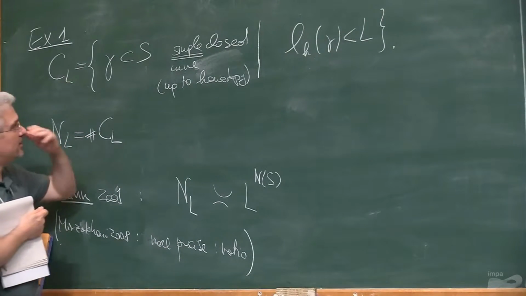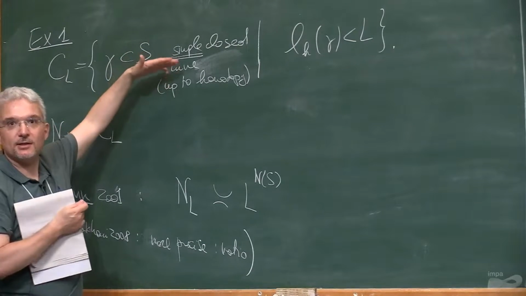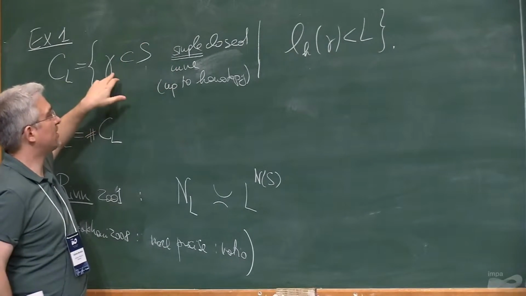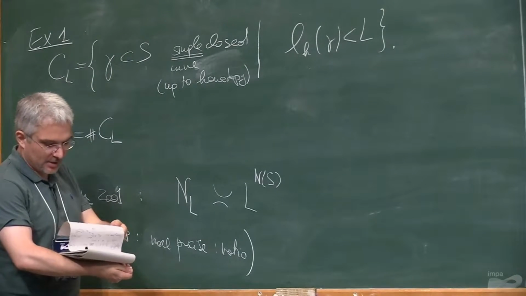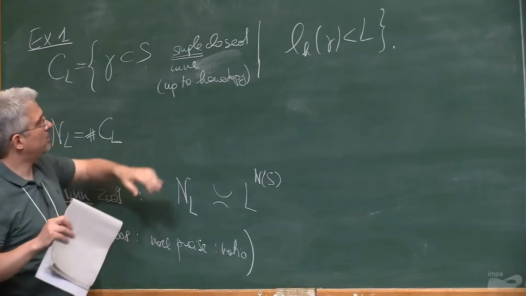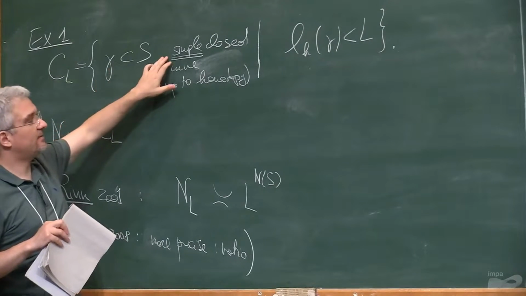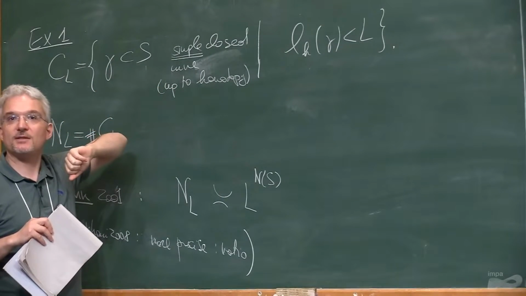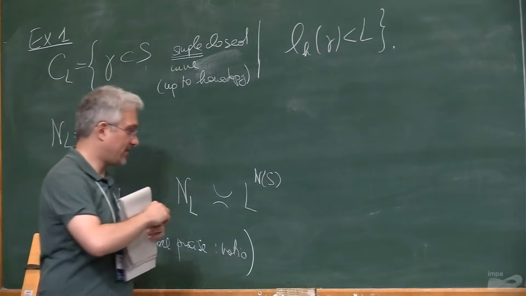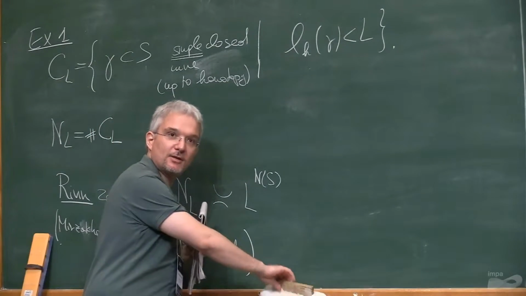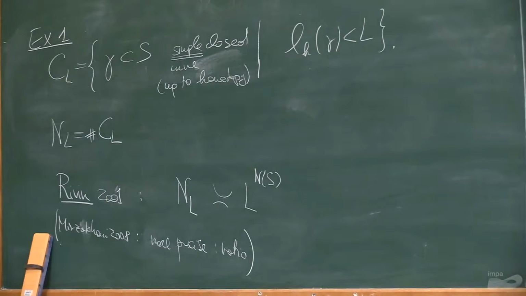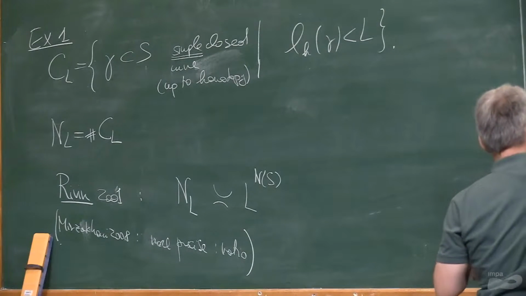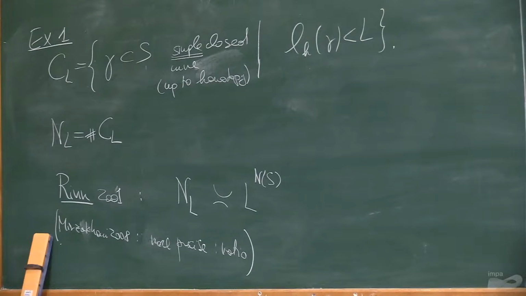Now one can try to play with all these kinds of counting problems. So you can look at different curves. Say, for example, next example, one can try to count curves that have at most 3 self-intersections and see if there are as many as simple curves or if they have an asymptotics like exponential and so on. So people started investigating all these problems.